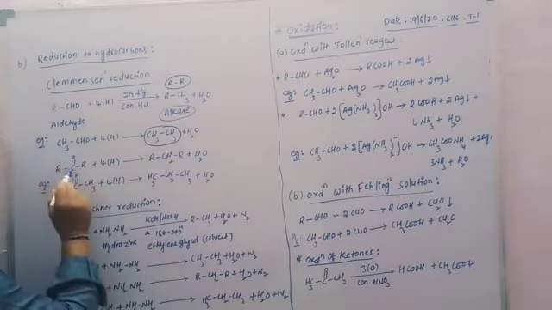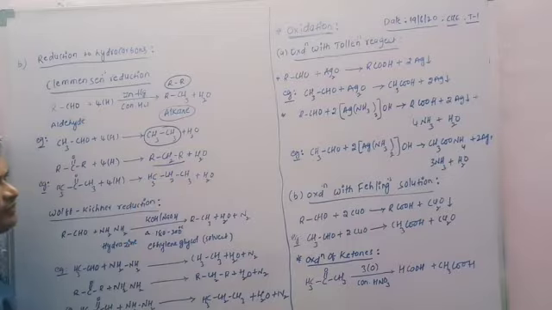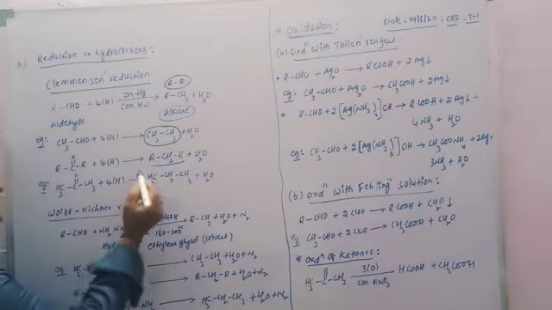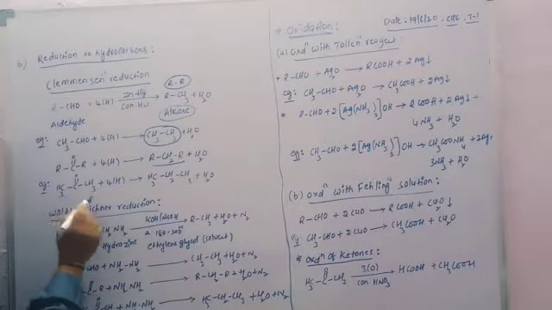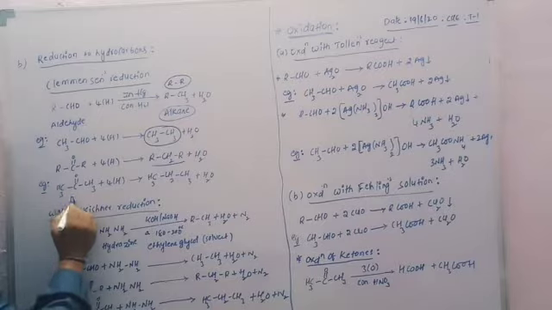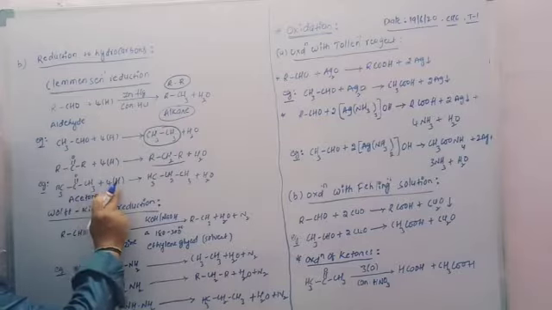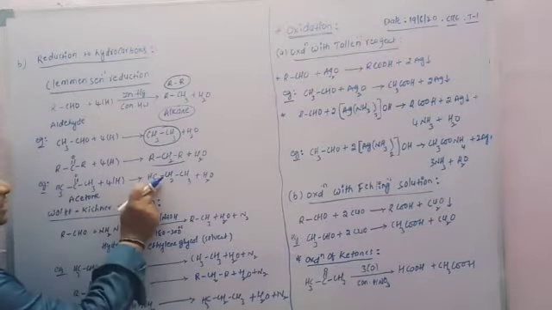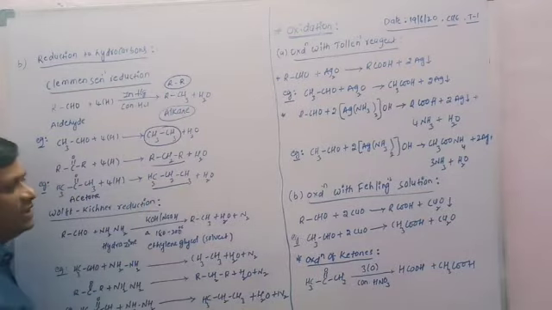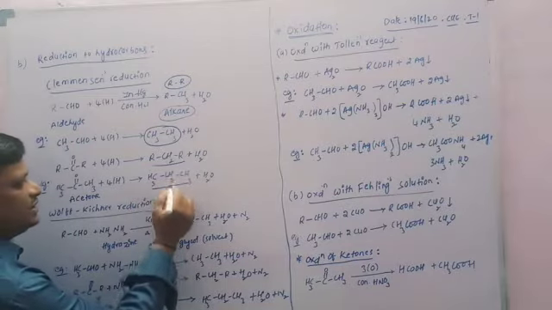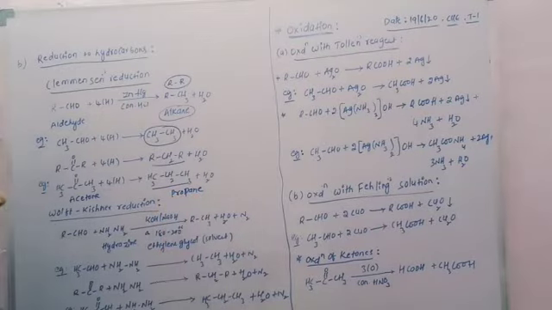So RCOR on reduction gives the corresponding alkane, where both R are alkyl groups. For example, CH3COCH3 is acetone. Acetone plus 4 hydrogens gives CH3CH2CH3 and H2O. The obtained alkane is propane.